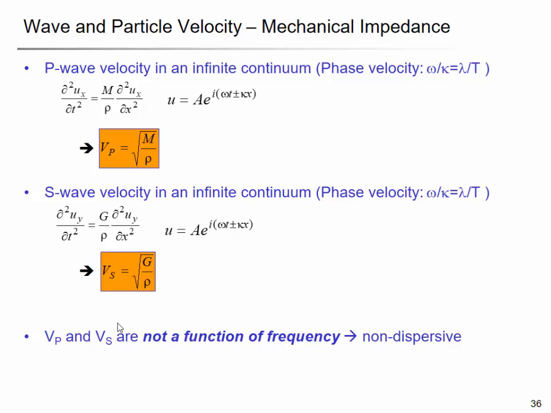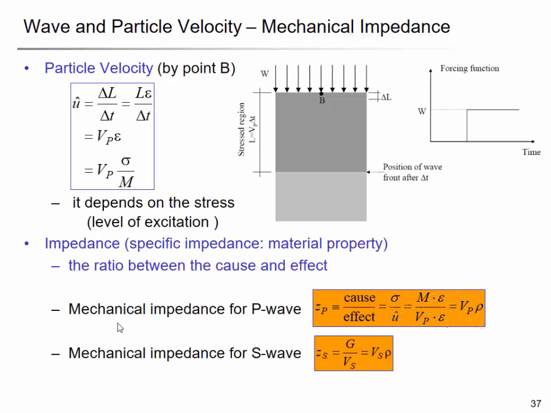This is the final equation: the P wave velocity is the square root of the constraint modulus over the density. So if your material is stiff, then you will have a higher P wave velocity. If your material is soft, then the wave velocity will be slower. And the shear wave velocity is the same, but it is correlated to the shear modulus, G. Then mechanical impedance.